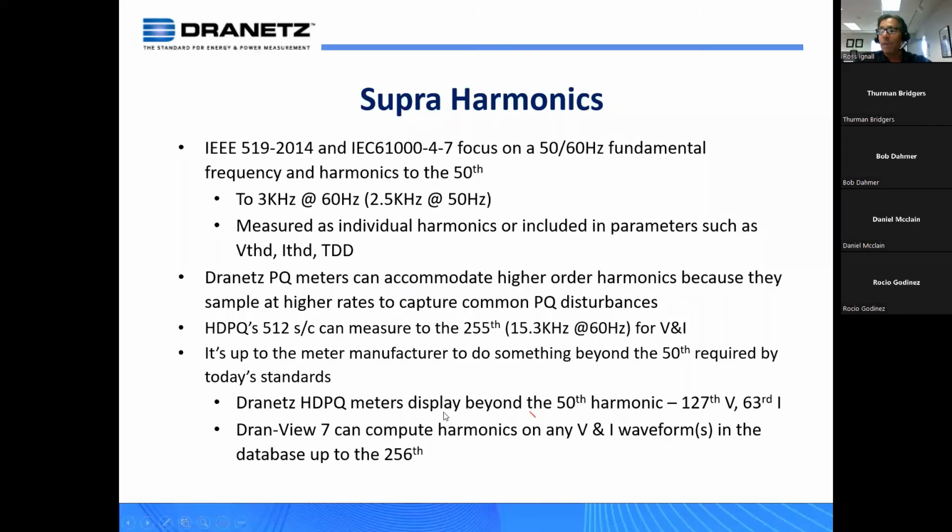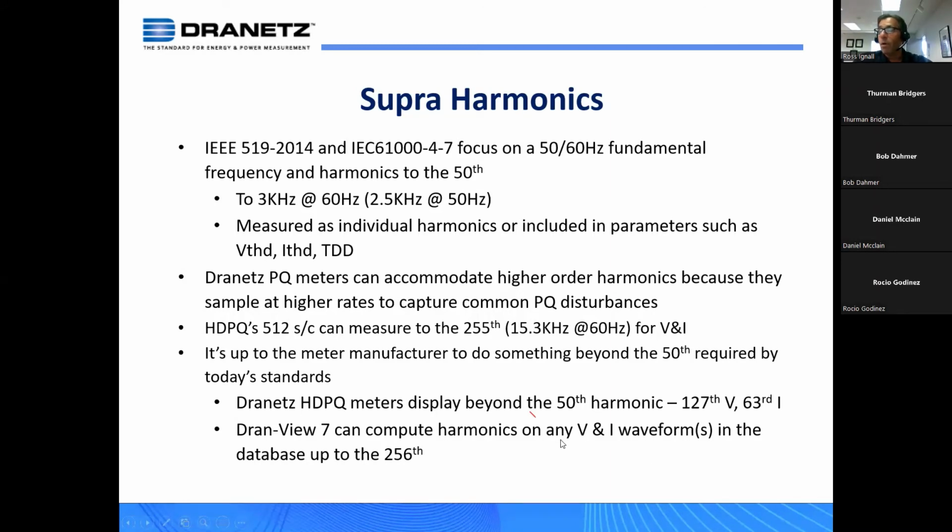Dranetz HDPQ meters already display voltage harmonics to the 127th and current harmonics to the 63rd. It's not because we couldn't display up to the 255th, but there's not much use above there until we talk about these very specialized applications that we're now getting into. And quite candidly, it would confuse a lot of the users and make the displays more complex.